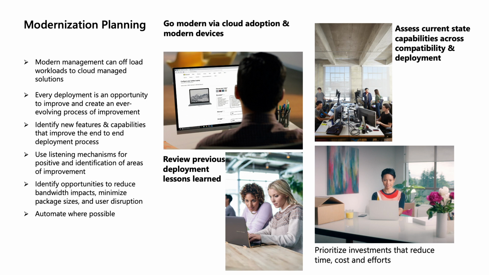Things like desktop analytics, as we mentioned before, can take a lot of the manual processes out of testing applications. If we can rely on some of that data, then we can reduce the time it takes to get to a pilot deployment, and thereby reducing the amount of effort and what we need to do to go forward. So this phase is really there to help identify what you want to do and when you want to do it, and have a structured approach to doing that as part of each update cycle.